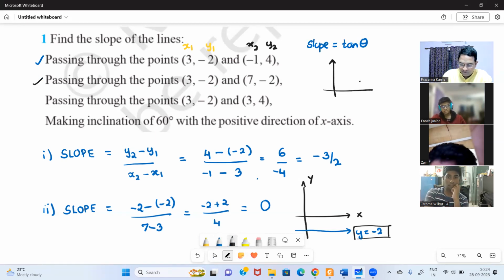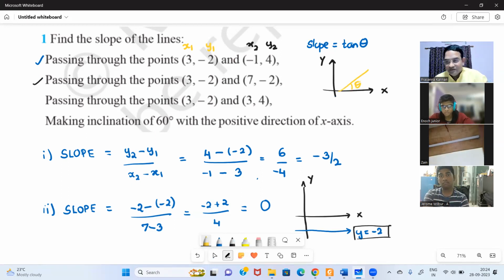That means if you have a straight line which is inclined at an angle of theta with x-axis, then tan theta becomes the slope, correct? So when theta is 0, what is tan 0? Tan 0 is 0. When theta is 90, on the other hand, what will be tan 90? It will be infinite.